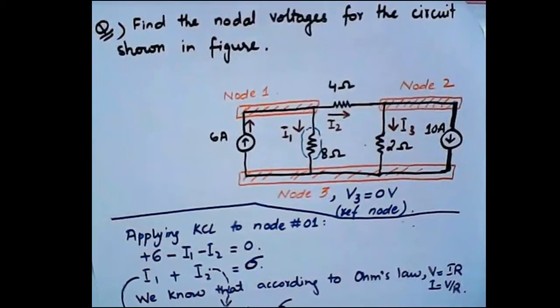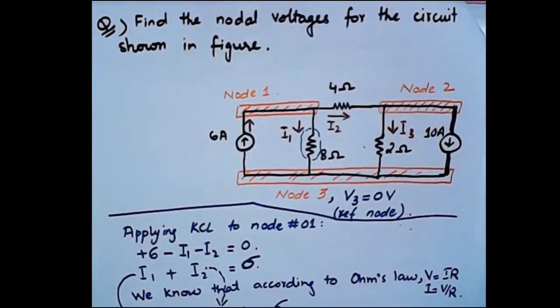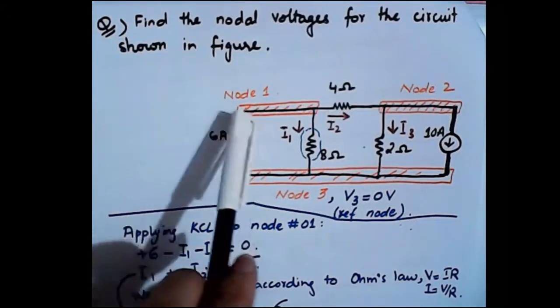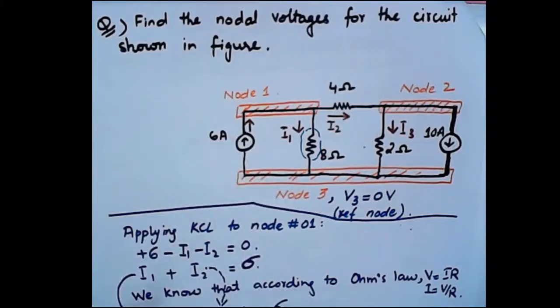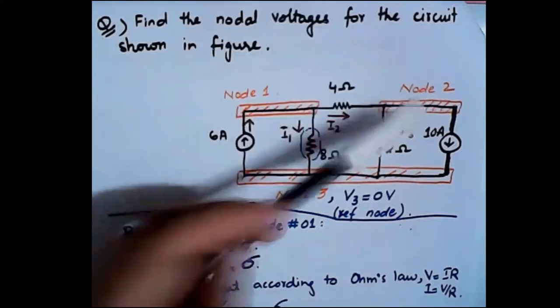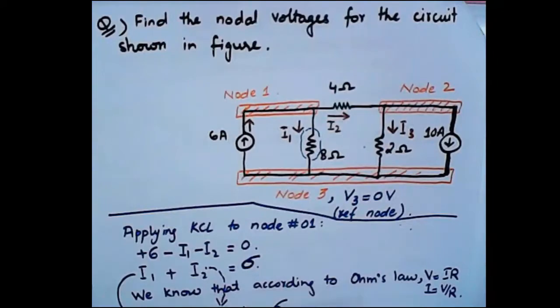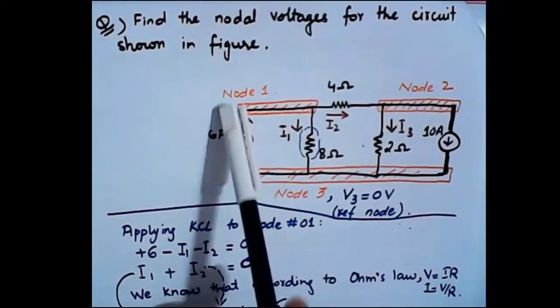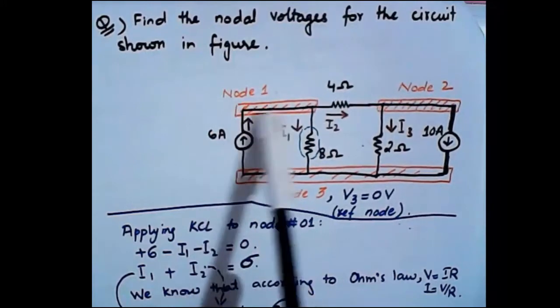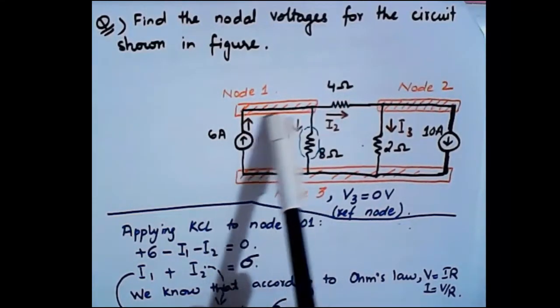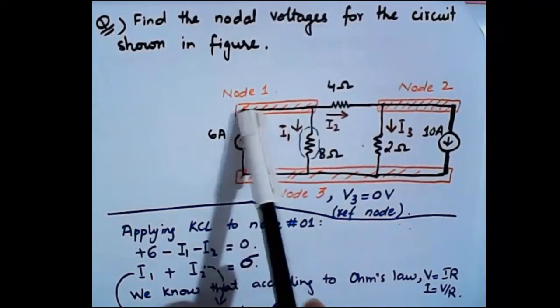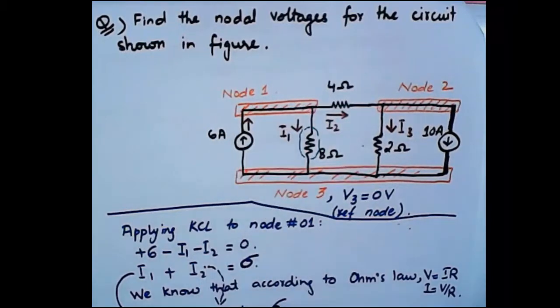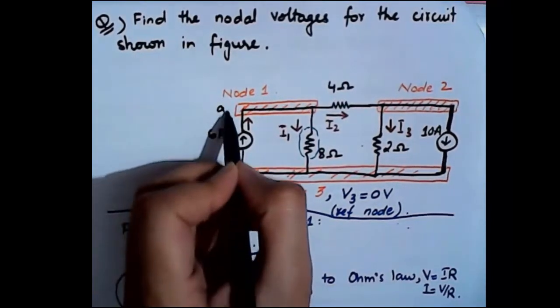I am repeating once again the steps that we have done just for a quick overview. Basically, this was our question, in which the first step that we did was to mark nodes in the system, and we found out that there were 3 nodes in the system, where this was considered as a single node because there is no element connected between these 2 points, and let's name them A1 and A2.